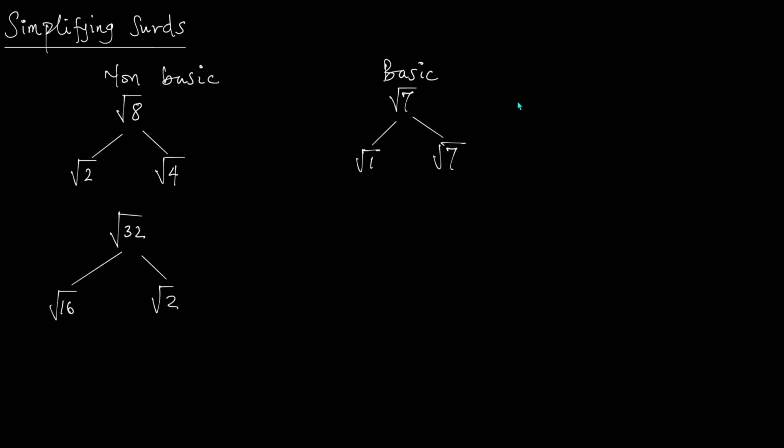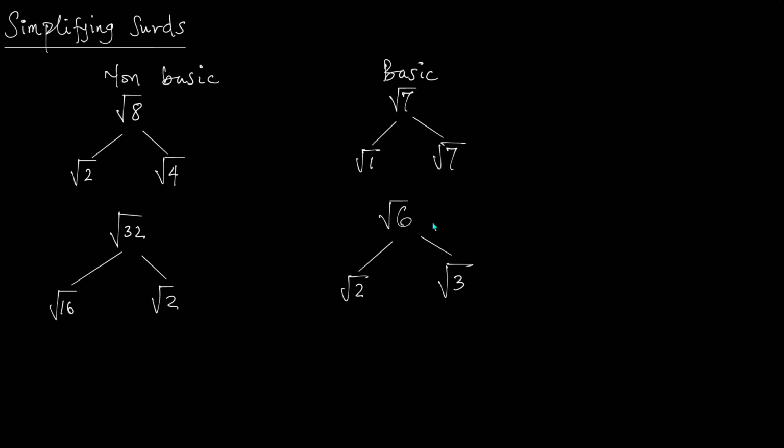So the perfect square, by definition, excludes 1. Which means we can still refer to this as a basic surd. One last example. The square root of 6 is the square root of 2 multiplied by the square root of 3. This is also basic form.